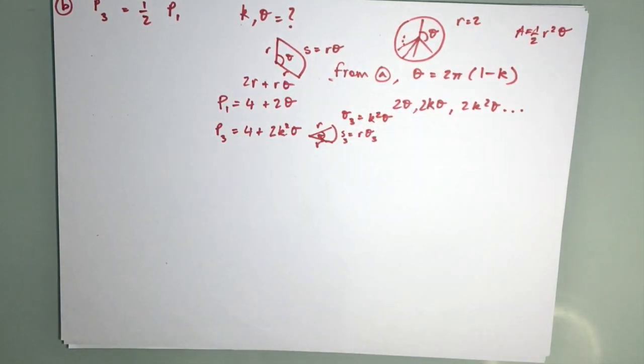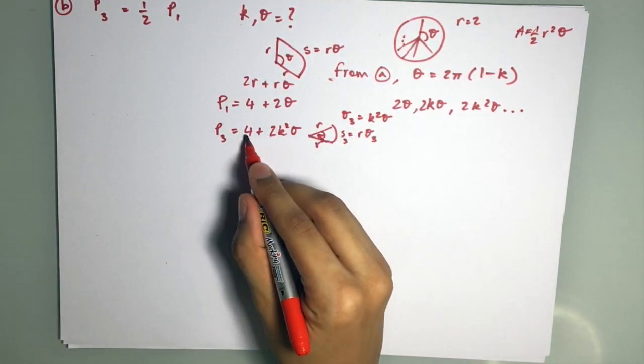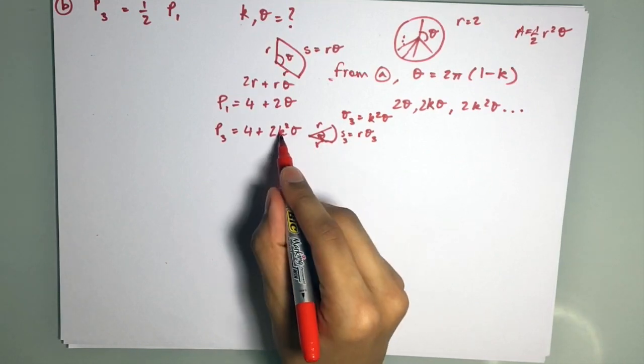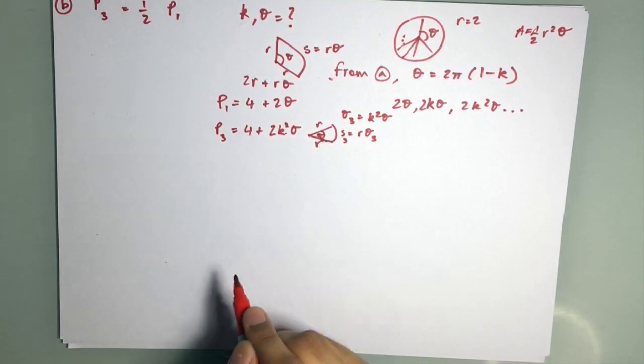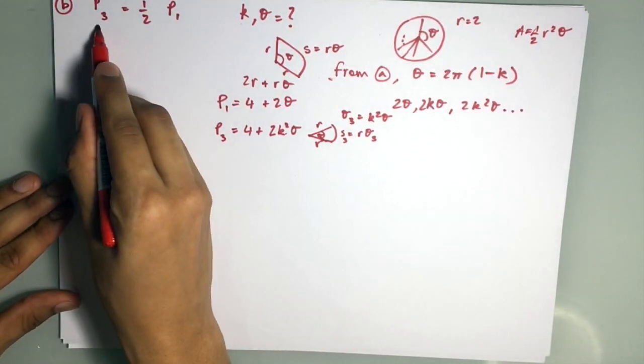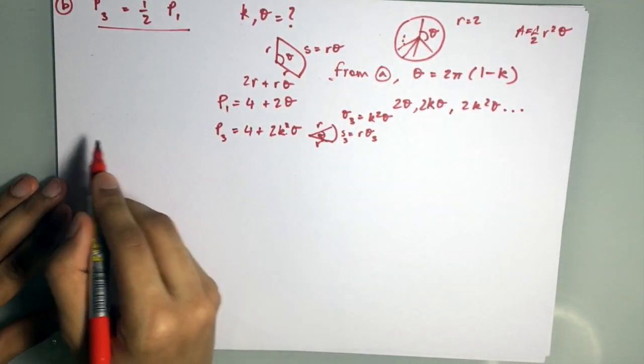So this would be 4 plus 2 times k squared theta. So you have this. We know this expression is given to be true.